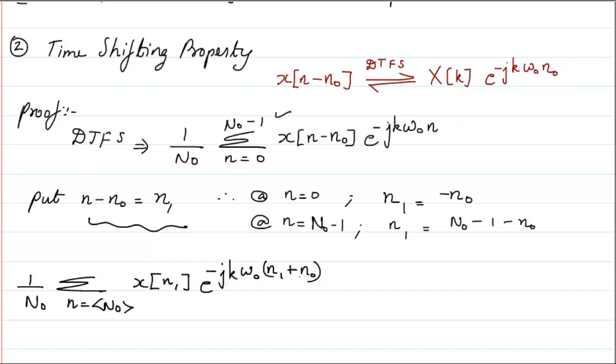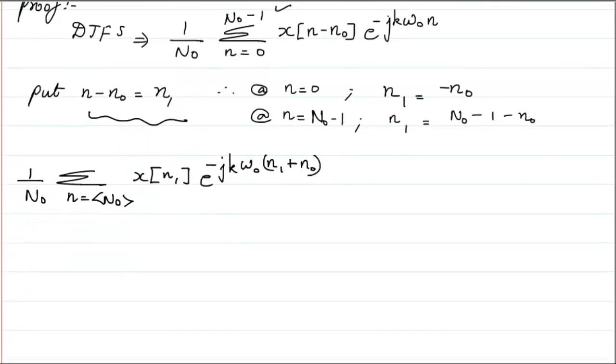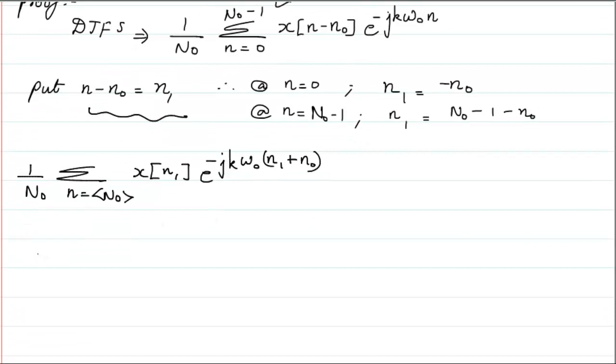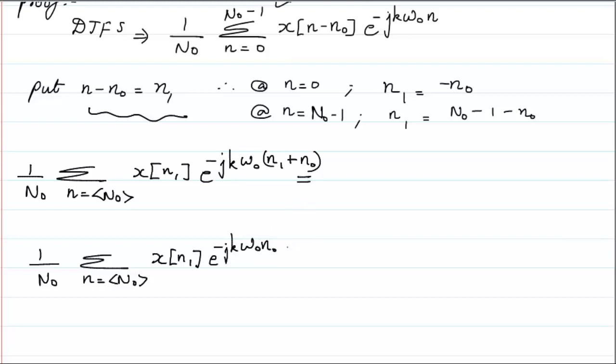So based on this, I can rewrite this equation as 1 by N0 summation n within the period capital N0 x of n1, e raised to power, so let me take this n0 part, e raised to power minus j k omega naught n0, then the remaining portion which is e raised to power minus j k omega naught n1.